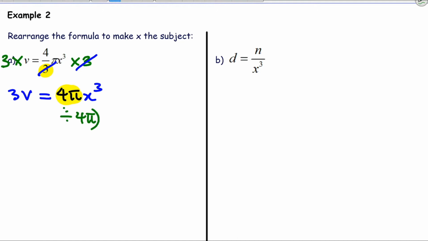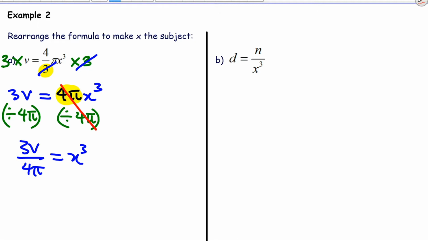So we divide by 4 pi on each side. What you shall end up with is 3v over 4 pi is equal to x cubed, because 4 pi divided by 4 pi is 1. So basically, x will be equal to the cube root of 3v over 4 pi.